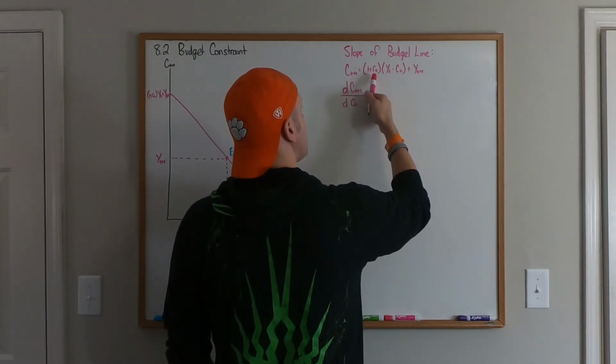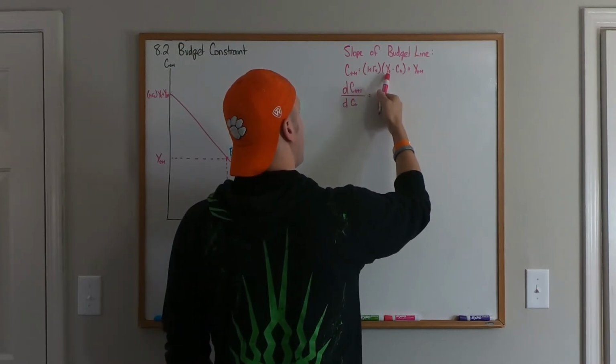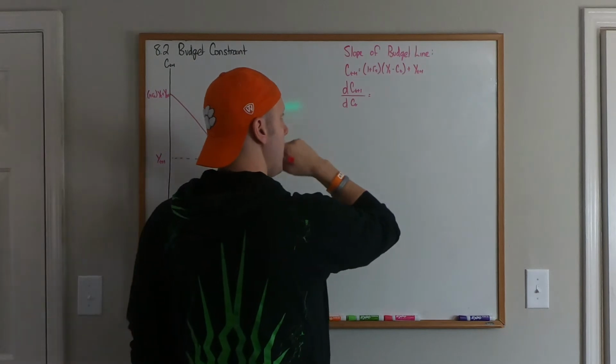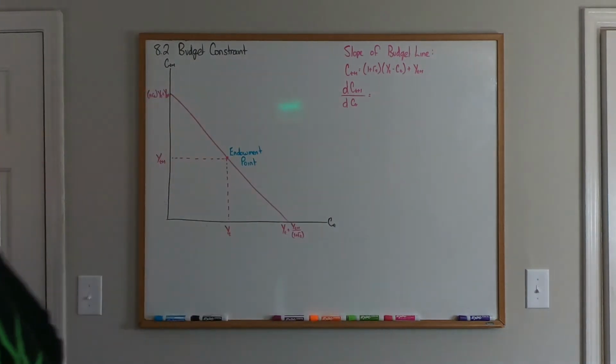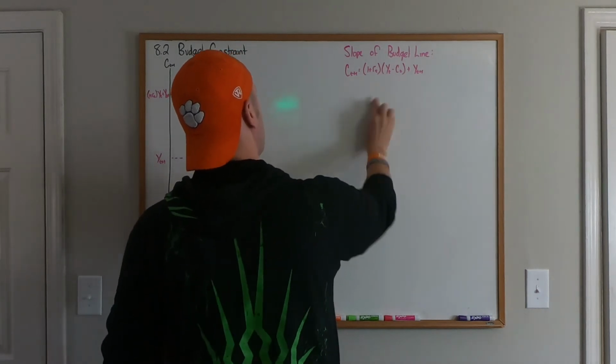Well, I have 1 plus rt times yt minus 1 plus rt times ct plus yt plus 1. Before I take this derivative, let me expand it out a little bit so it's easier to see what I'm doing.